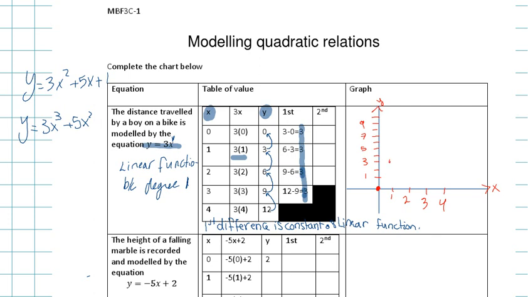Two, 6. 3, 9. I might not be able to fit this perfectly, but I'll try. As you can see, my line is not perfect because I can't.